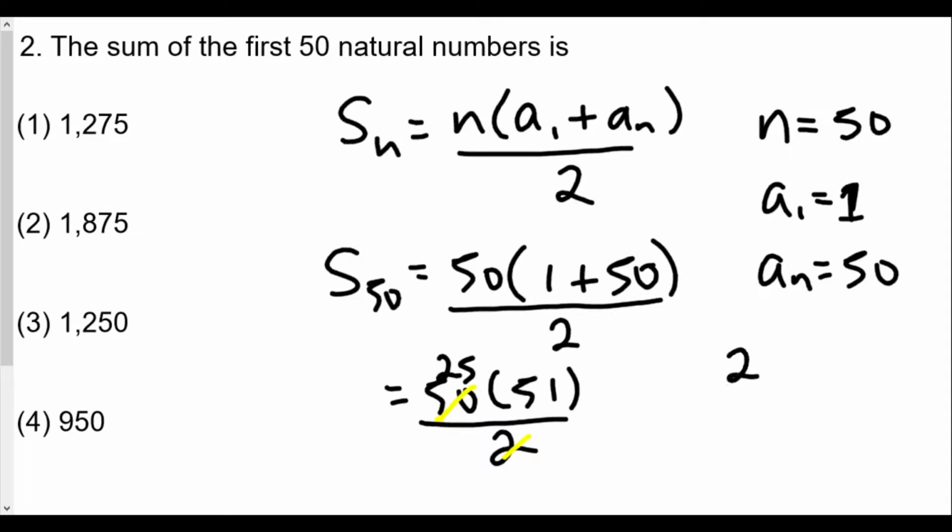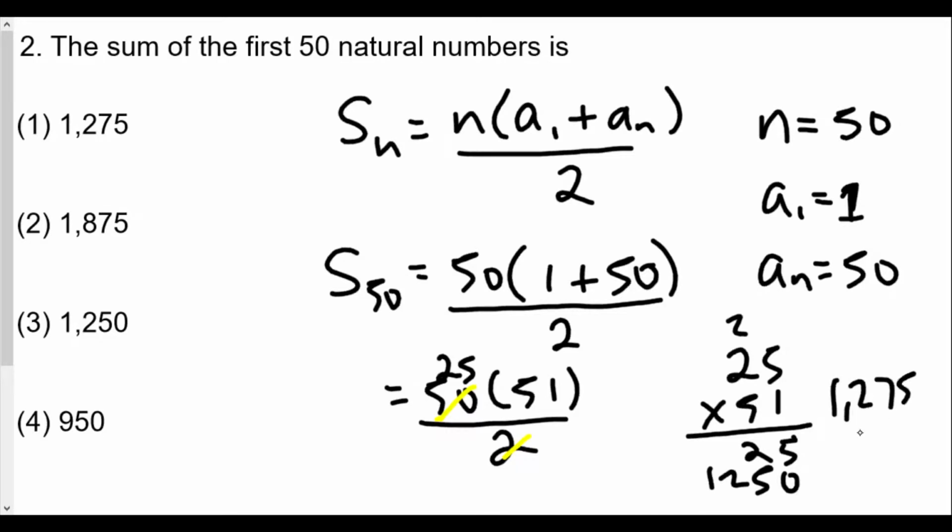So now we have 25 times 51. Well, 1 times 25 is 25. And then 5 times 25 is 125. So we add this together, we get a sum of 1,275. And that would be choice 1.